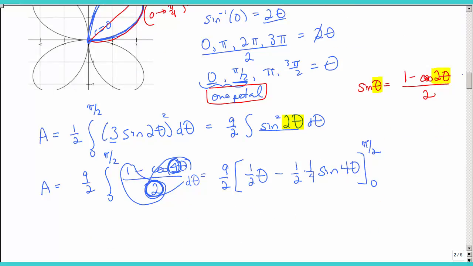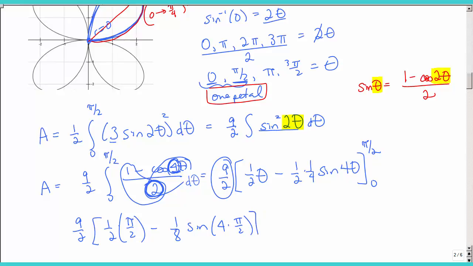So lots of fractions. So I have 9/2 from here. Then I have 1/2 times pi over 2 minus 1/8 times the sine of 4 times pi over 2, minus, then I have 0 minus 1/8 times the sine of 0.